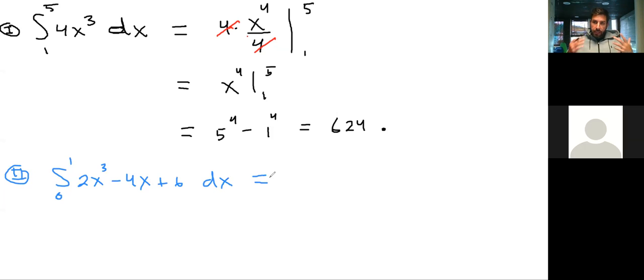Since the antiderivative is the reverse of the derivative, all the properties of the derivative apply, which means we can do each piece separately.